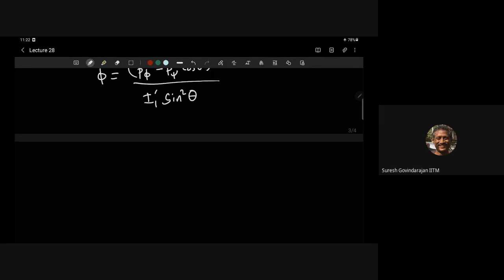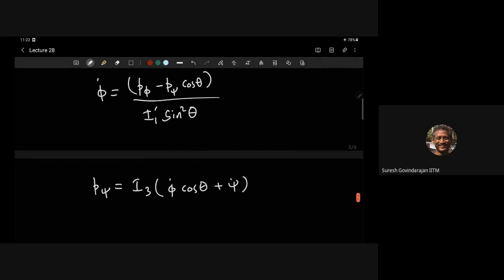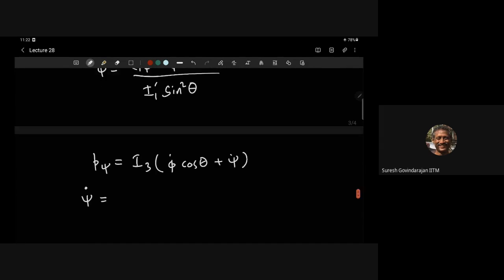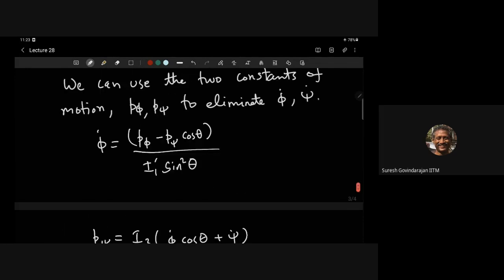So what we need is psi dot now. We saw that P psi was I3 into phi dot cos theta plus psi dot. But we already know phi dot, so we can write I3 psi dot equal to P psi minus I3 cos theta into phi dot, which we already know.